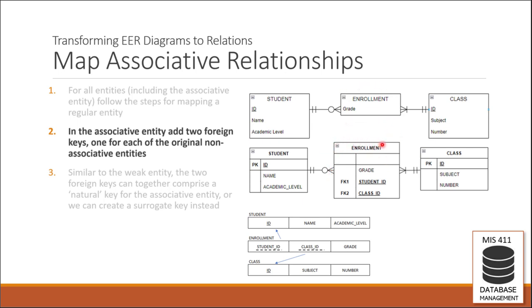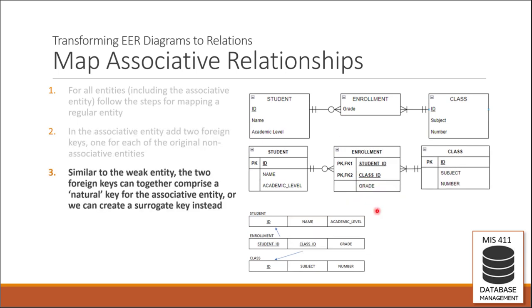So originally we had enrollment as the associative entity with the grade attribute, which became the grade field, and now we've added foreign keys, one for student ID, referencing the ID primary key in the student relation, and one for class ID, referencing the primary key ID in the class relation. As always, we keep the relationship cardinality the same, and as you can see, we didn't create any new relations in order to affect this addition.